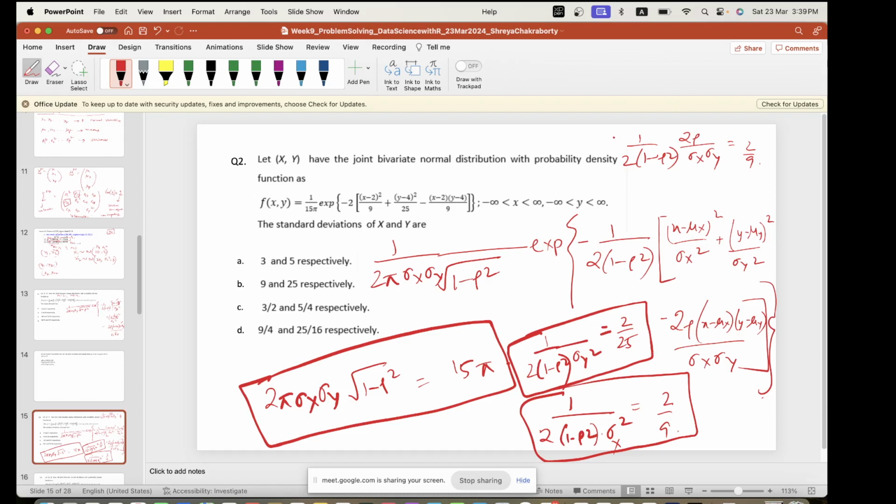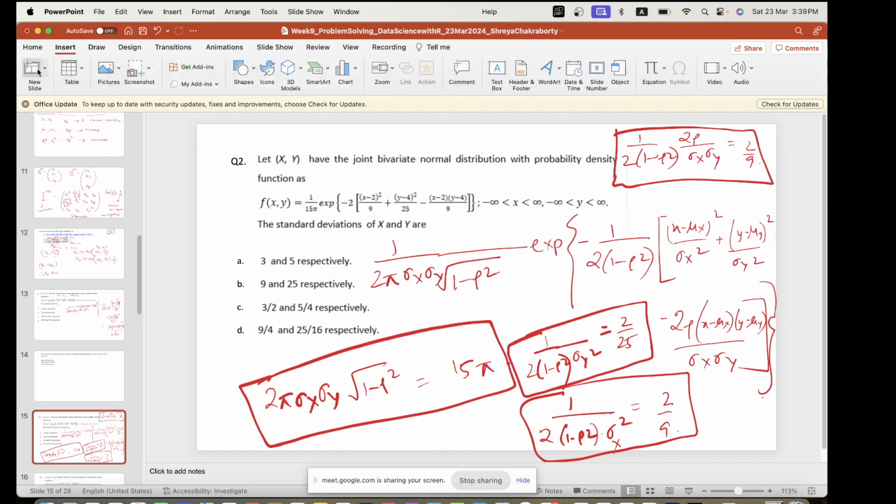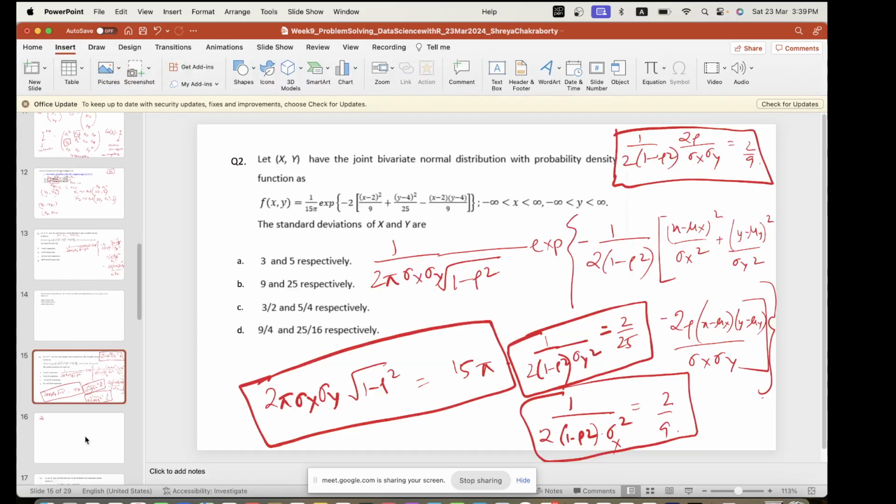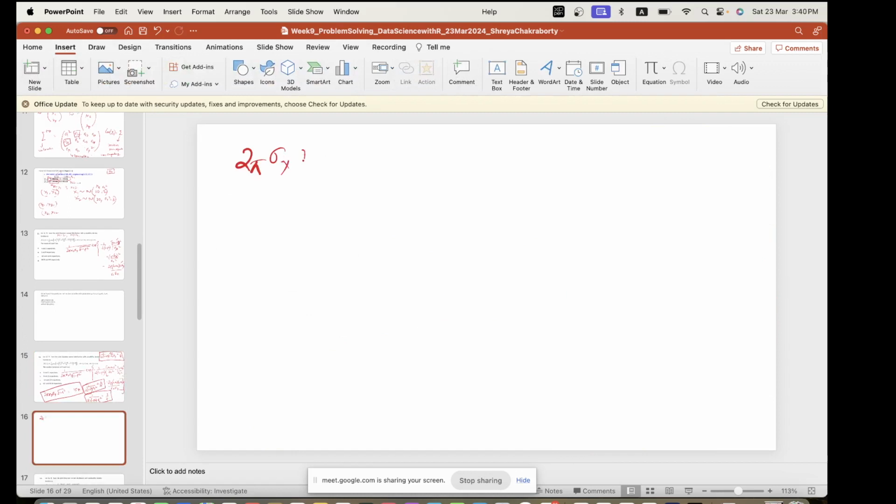Alright, so these are the three equations that I have. From here I have to solve for sigma x, sigma y and rho. So what are the three equations? This is 2 pi sigma x sigma y root over 1 minus rho square is 5 pi.